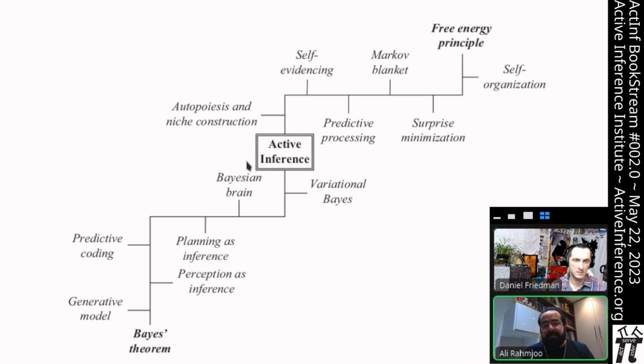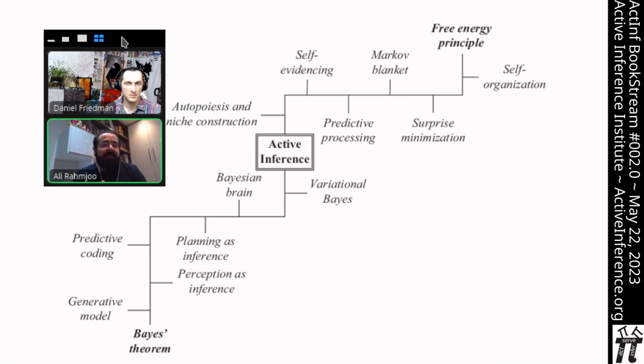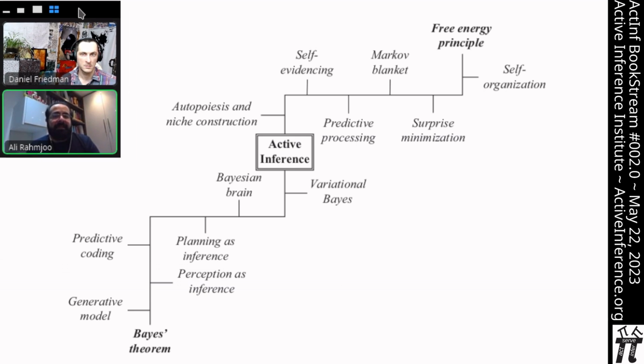Here we see some apparently different and distinct strands, such as predictive coding, the Bayesian brain hypothesis, and so on. But all of those different strands can be united and tied together within this low-road approach to active inference.